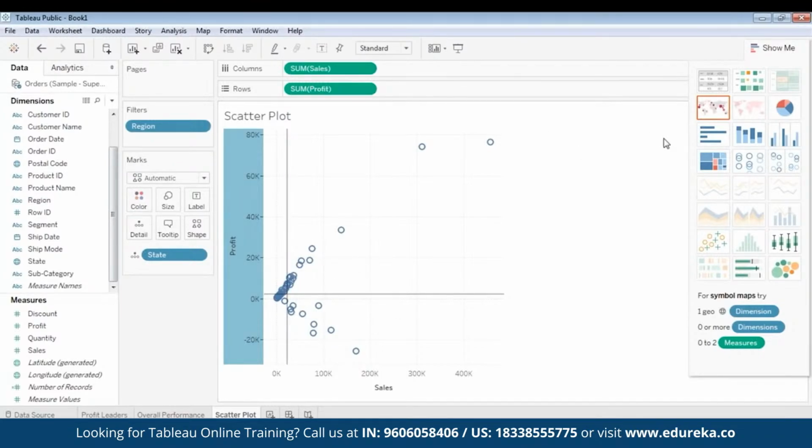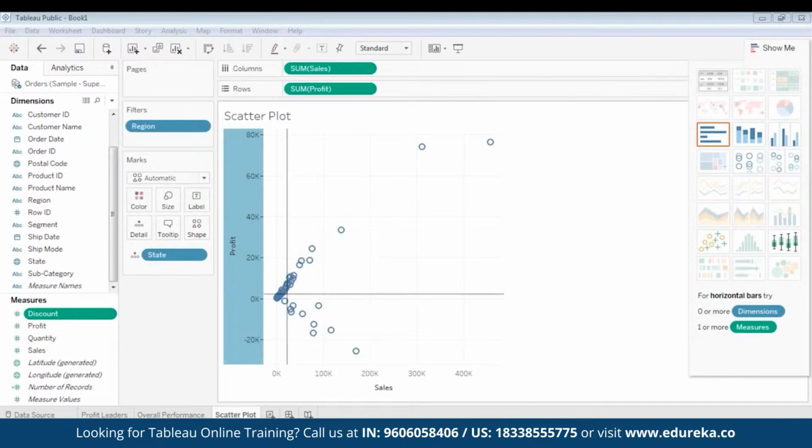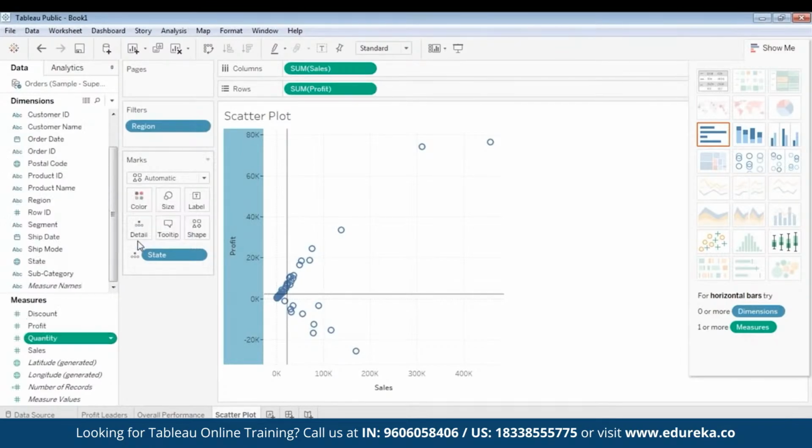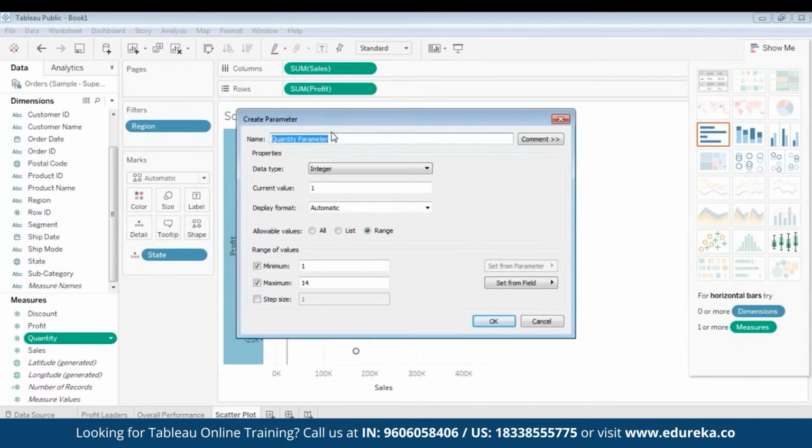So guys, now to represent your data in different quadrants, which quadrant they lie, we need to create 2 parameters, okay? Profit parameter and sales parameter. So let's go ahead and right click over here and go to create, you get one option, parameter, right? So click on parameter, name the parameter.